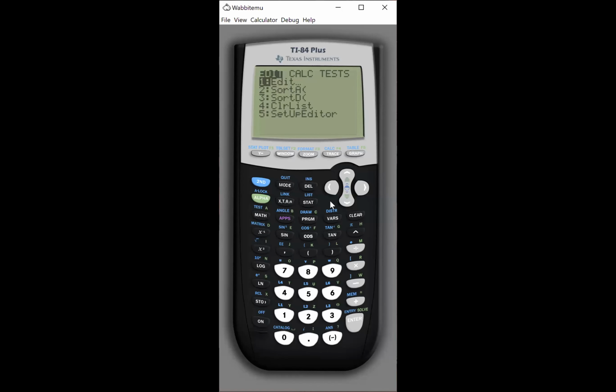We're going to go to stats, then edit. I'm going to clear out this 72 data set and put in my new data set: 3, 5, 3, 5, 4, 9, 6, 3, 2, 9, 2, 3, 9, 2, 2, 7, and 0. All right, so that's my data set.